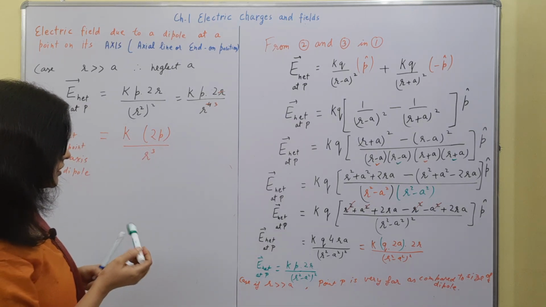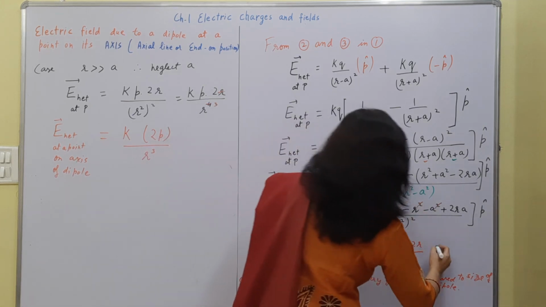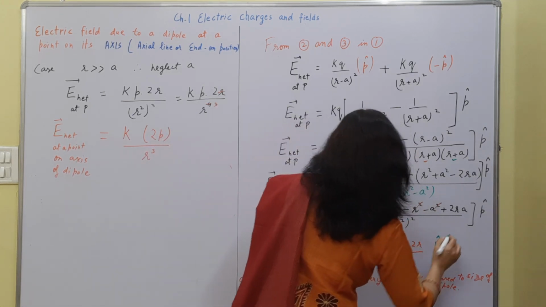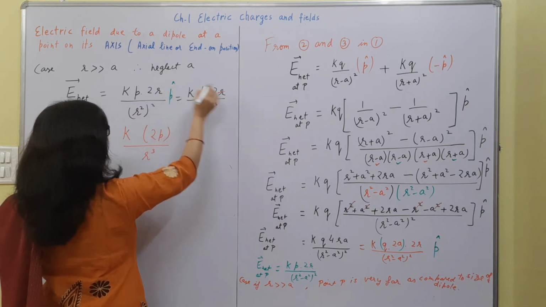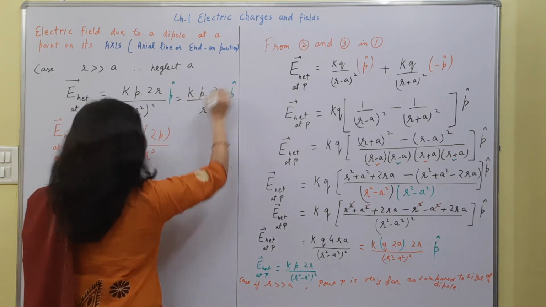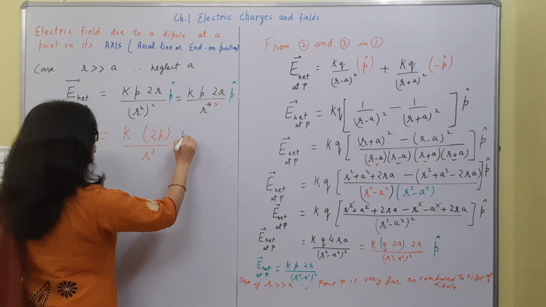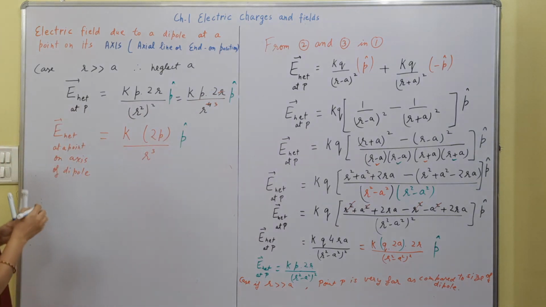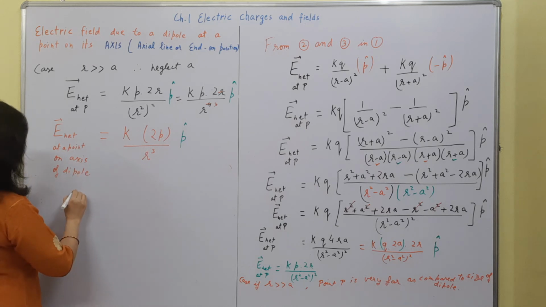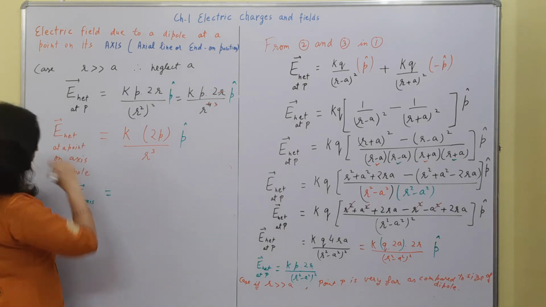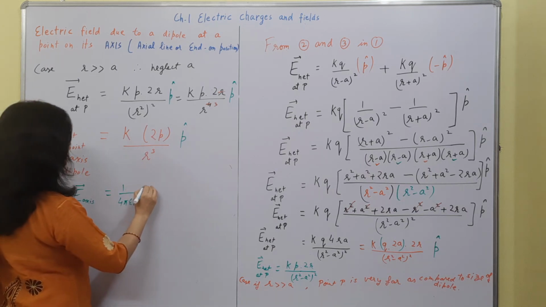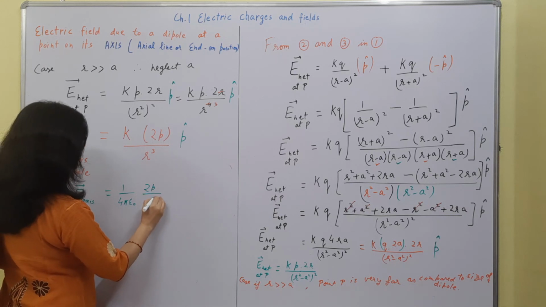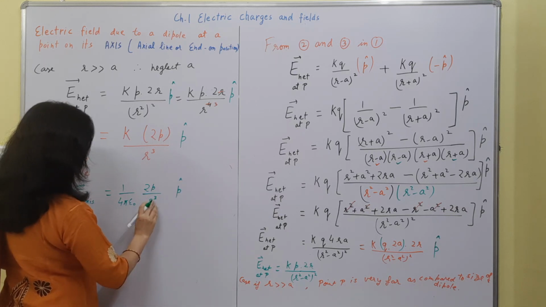I forgot to mention the direction from this step onwards. So this is P cap. And this is also P cap here, which is giving you the direction of the electric field due to this dipole at a point on its axis. This can also be written as E axis is equal to 1 by 4 pi epsilon naught, if this is in air, 2P upon R cube, and this is P cap.